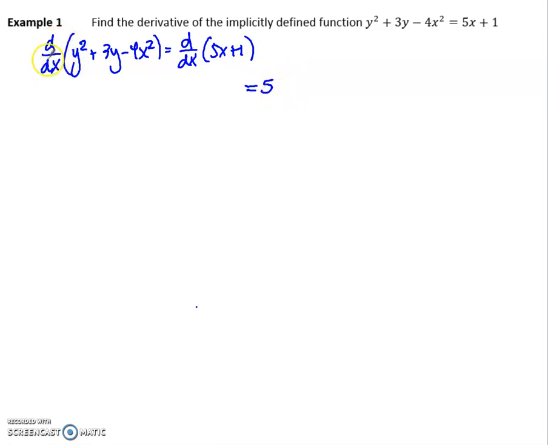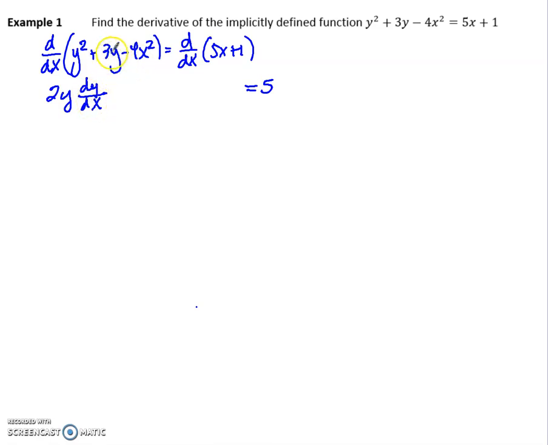Over here, because I'm taking the derivative with respect to x, but I'm doing it using a y, I'm going to take the derivative as if it were a typical x. So I would bring this power out front, take it down by a power, but you're doing the derivative of y with respect to x. So you're going to have a dy dx attached. That's going to happen anytime that you're doing that because you're not doing the derivative of the function of the variable that you were actually saying you were taking the derivative with respect to.